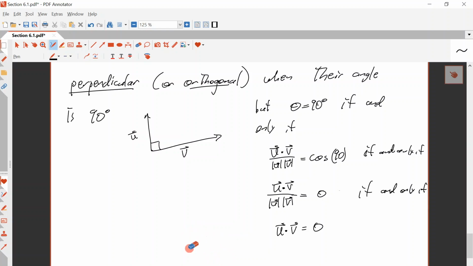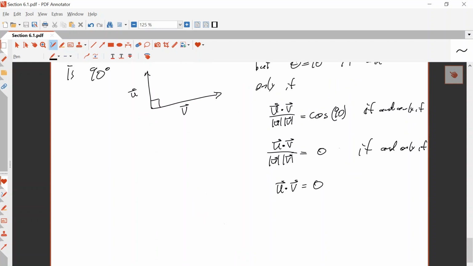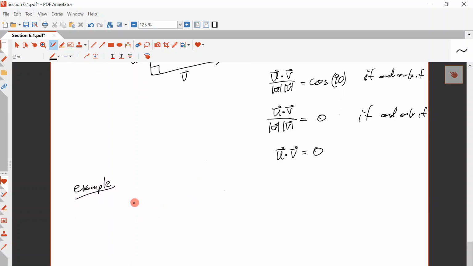A fraction is equal to 0 when the top is 0. So perpendicularity is just given by the dot product. So for example, (3, 4) dot (minus 4, 3) is equal to minus 12 plus 12 is 0. So those guys are perpendicular.